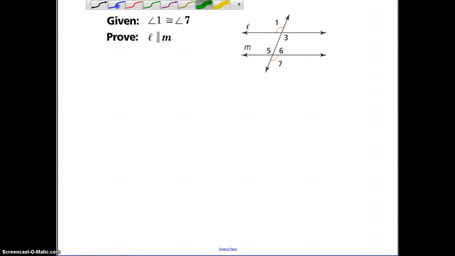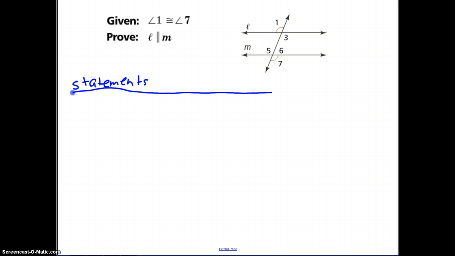Let's get a good pen. Let's go with blue. So let's start with our 2 columns. When we do a 2-column proof, we need a column for our statements and we need a column for our reasons. Statements are just the things we know. Reasons are why we know them.